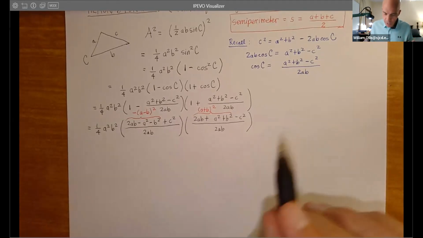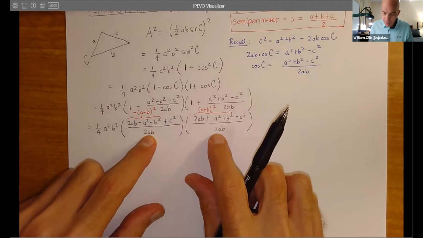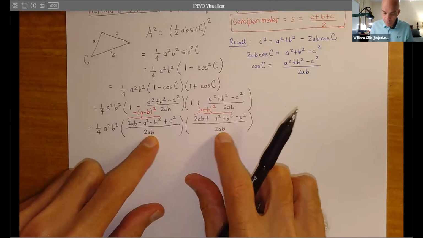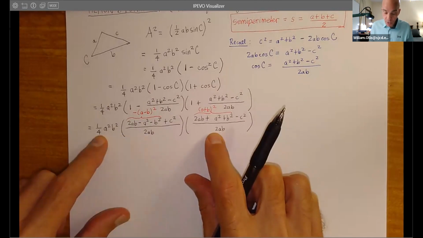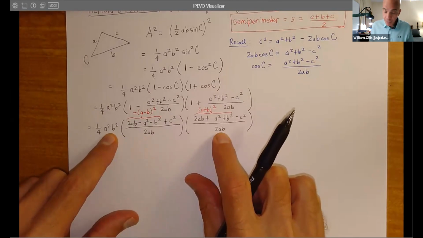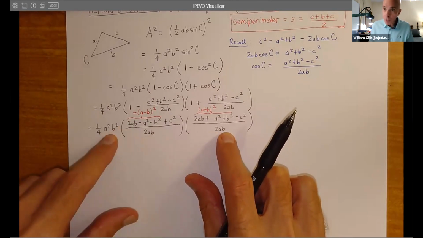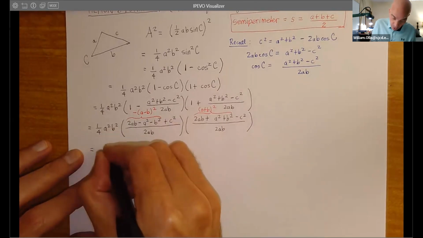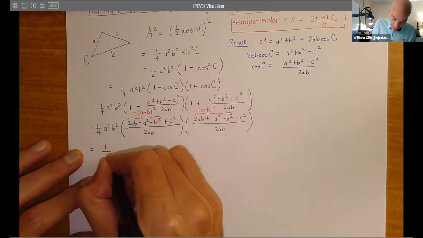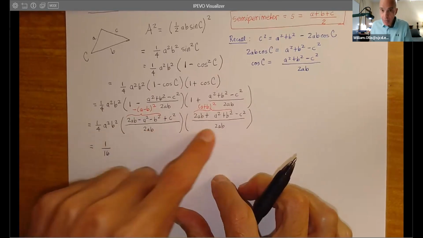Now notice everyone, AB, that's A squared, B squared, absorb. But then these 2's will join here and we'll get 4 times 4, which is 16. So notice the AB in each here absorb with the A squared, B squared here. So let's do that. So we're gonna have 1 over 16. Again, 4 times 4 is 16.